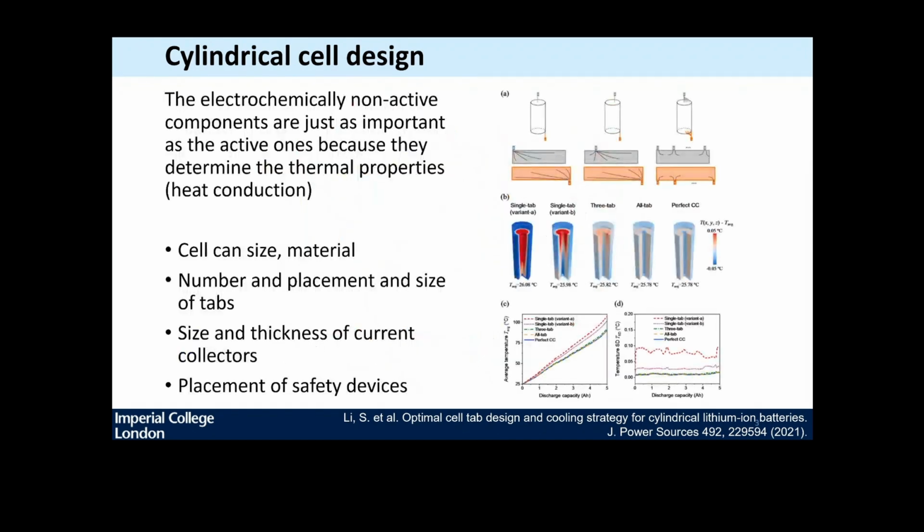But there is a lot of focus, especially in our group, but not only, also on modeling the non-active components. He showed you here how modeling the can of the cylindrical cell very much changes the behavior you get in the model of the system.